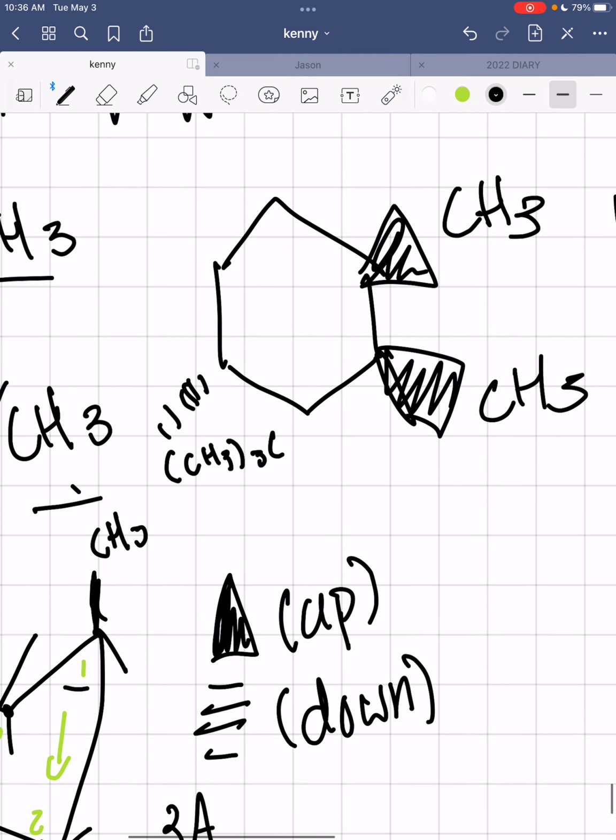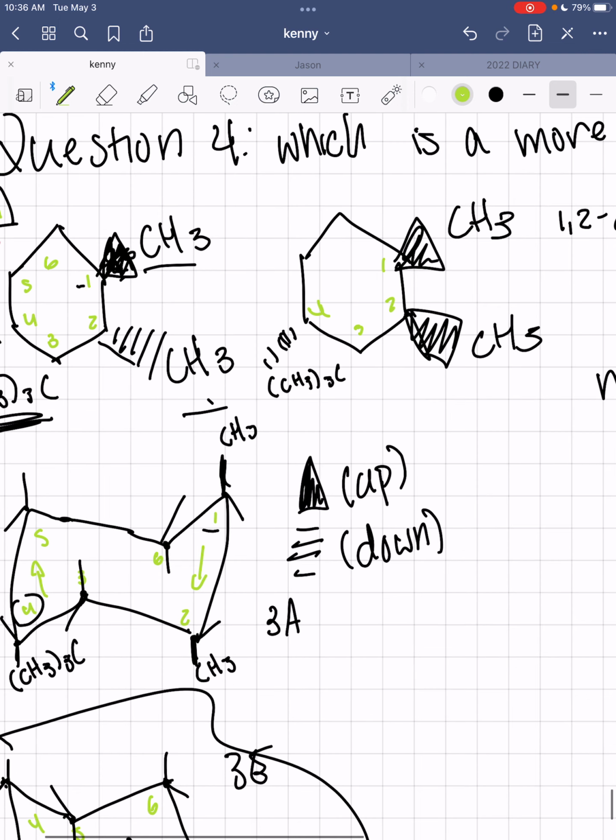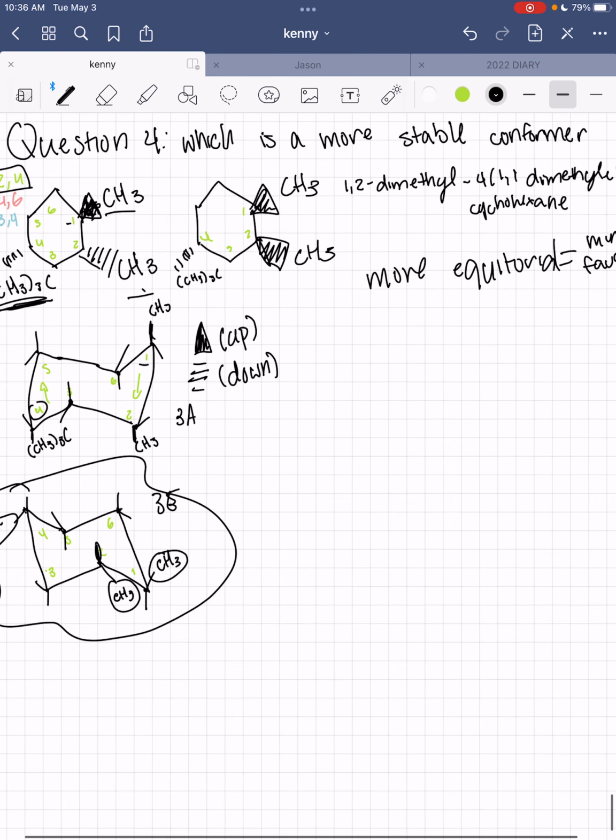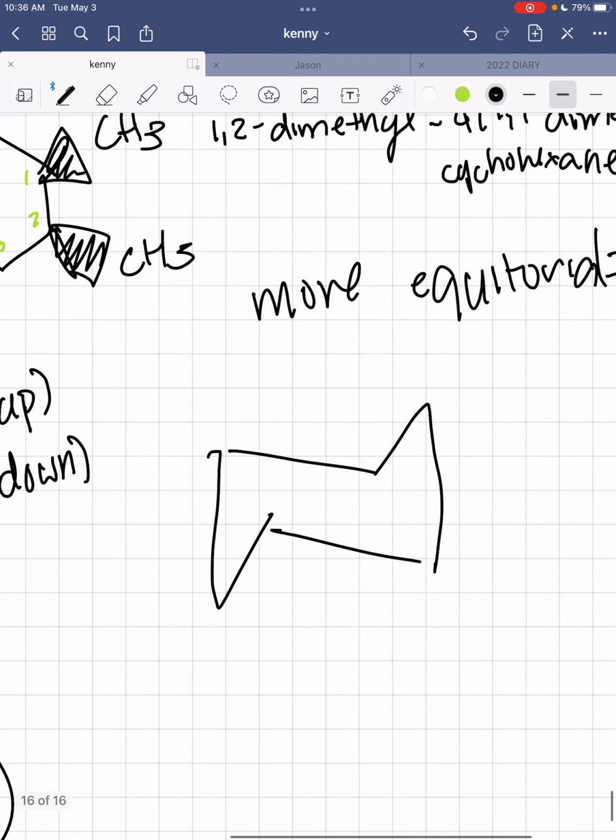It'd be the same number system because all the substituents are on the same places, and then we start drawing a chair version. So this is 1, 2, 3, 4, 5, 6.